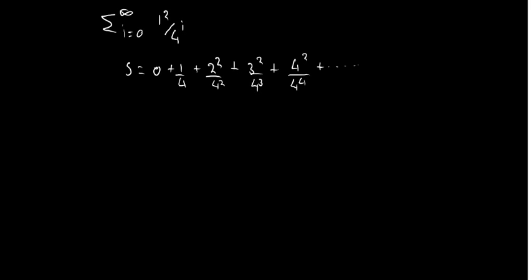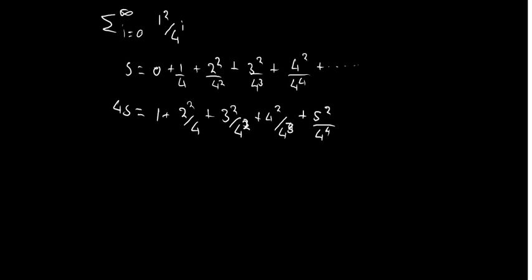Then multiplied by the denominator again, we have 4s equal to 1 plus 2 squared over 4 plus 3 squared over 4 squared plus 4 squared over 4 to the power 3 plus 5 squared over 4 to the power 4.